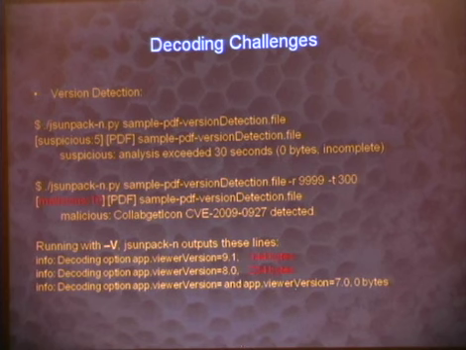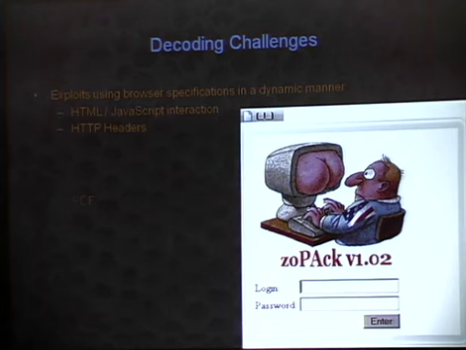So in this case, I choose to take the largest decoding. We could also process those other paths, but again, in an effort to reduce our time, we're not. So yeah, this is a Russian exploit kit, Zopac.